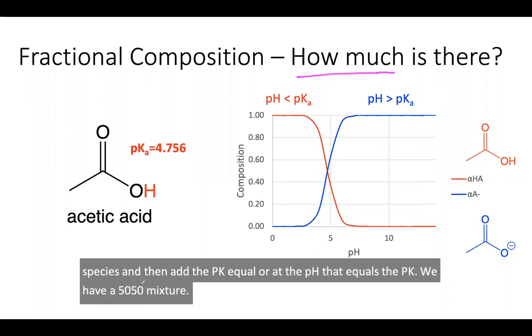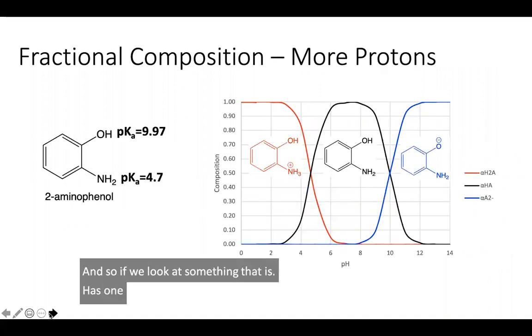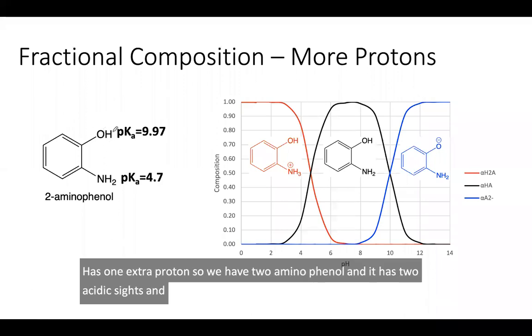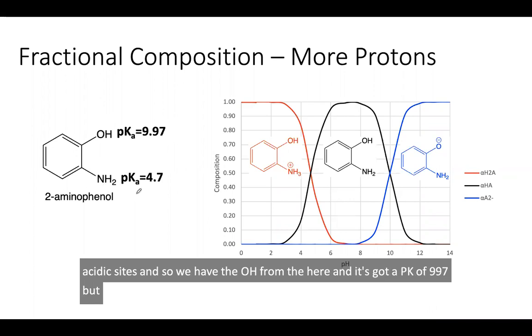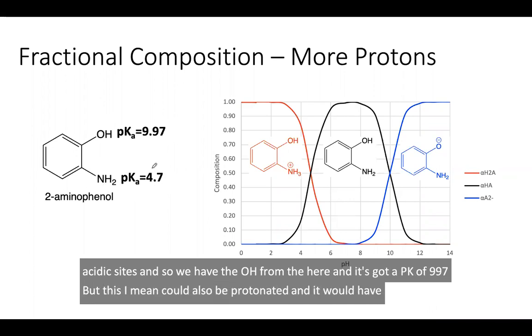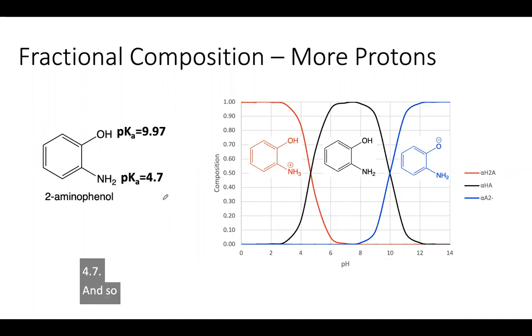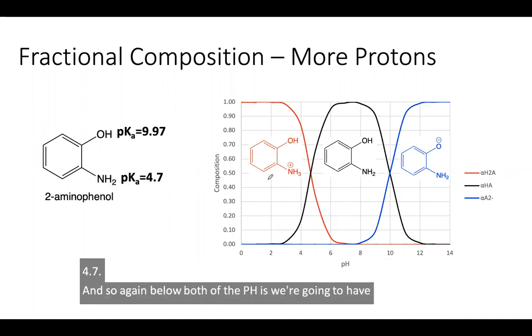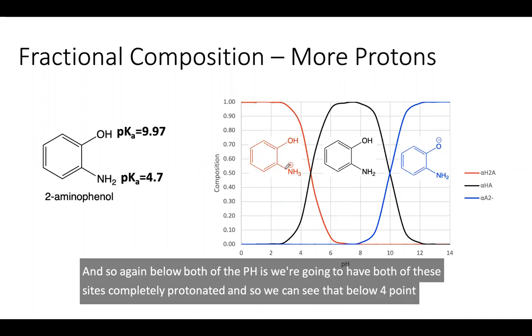And so if we look at something that has one extra proton, we have 2-aminophenol, and it has 2 acidic sites. We have the OH here, and it's got a pKa of 9.97, but this amine could also be protonated, and it would have a pKa of 4.7. And so again, below both of the pKa's, we're going to have both of these sites completely protonated, and we can see that below 4.7, this form dominates.